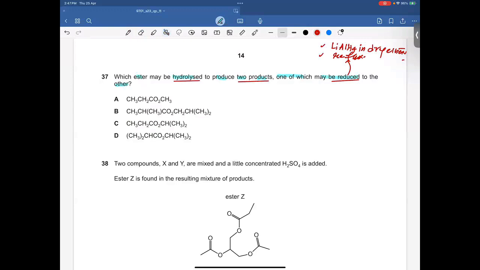So let's talk about option A first. This is CH3, CH2, COO CH3. So this must be the acidic part, and this must be the alcohol part. So what will you get from here? You will get propanoic acid, and you will get methanol.